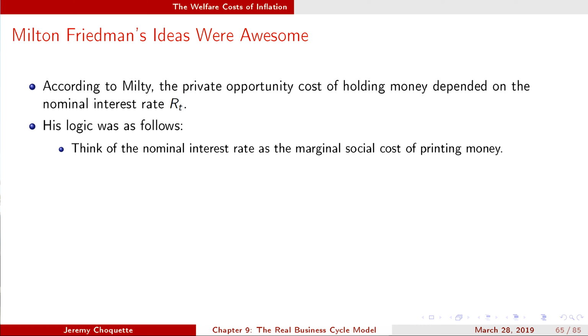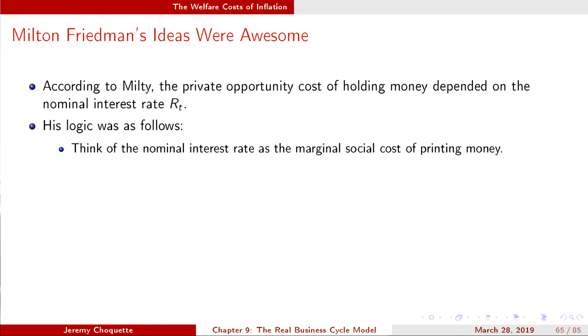That opportunity cost is also the marginal social cost of printing money, meaning the marginal cost that a central bank faces when they're printing one more unit of money. So, you print these giant sheets of $1, $5, $10, $100 bills. Let's just assume they're only printing $1 bills.